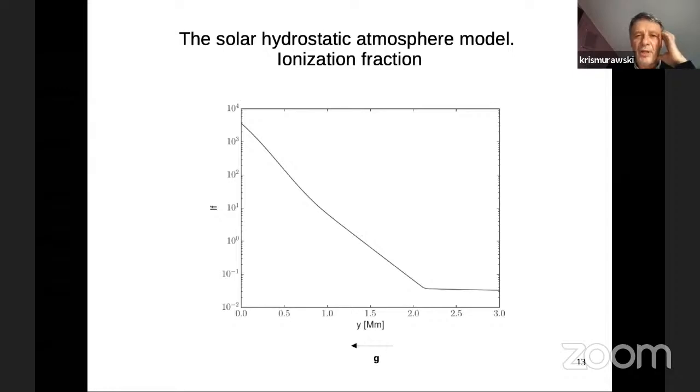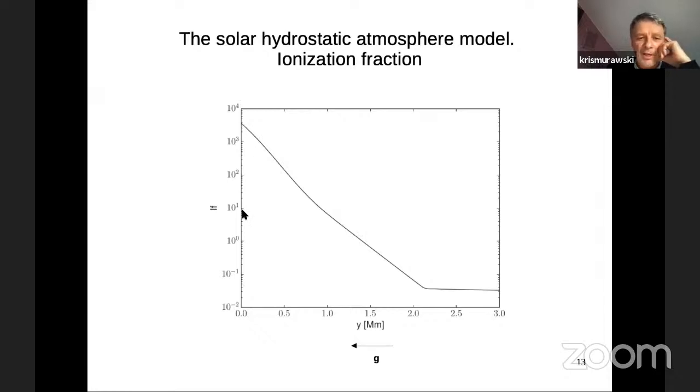and gas pressures. If we assume that the solar atmosphere is hydrostatic, we can draw the ionization fraction, which is the ratio of neutral concentration to ion concentration.